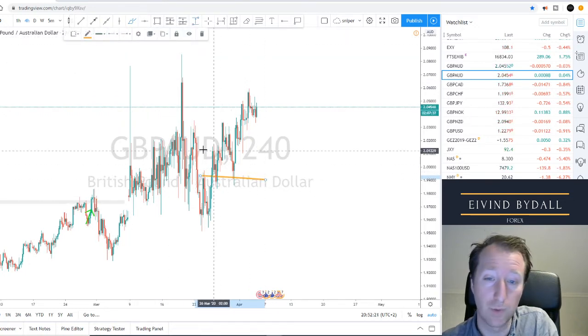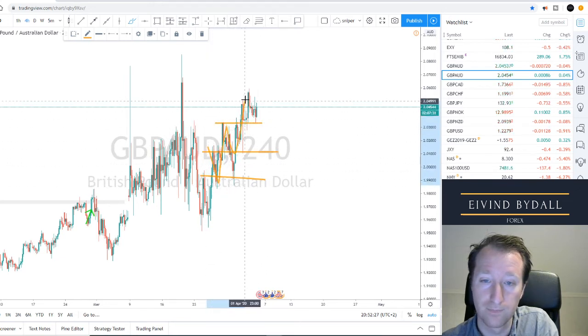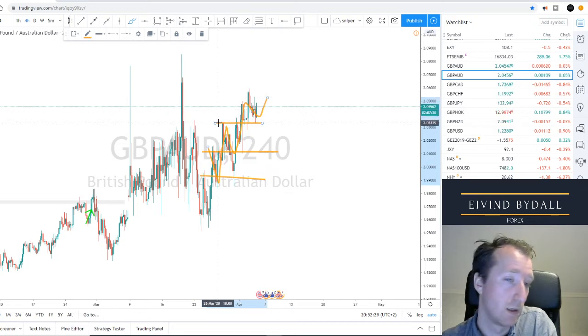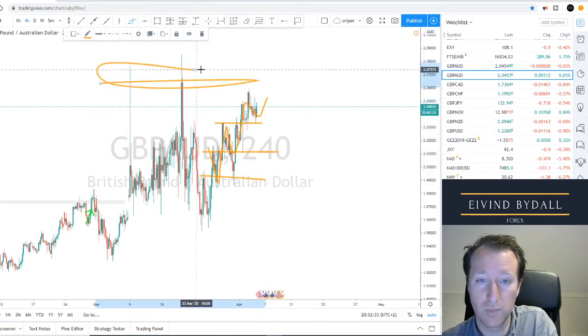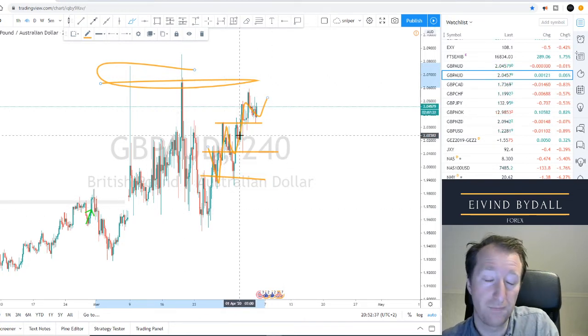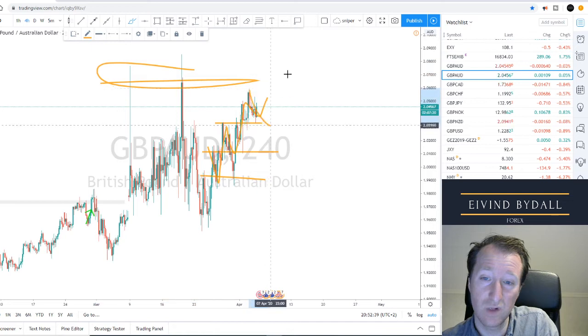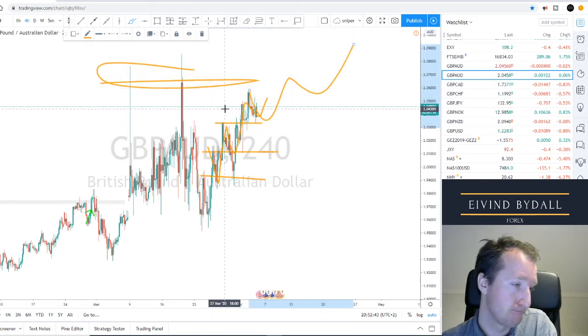But yeah, it's difficult to be a Forex trader. But you have to learn from it, and you have to understand what made you do it. Okay, but yeah, Pound Aussie is going higher, trying to go up to this one. We're still continuing the move, but it's not crazy.